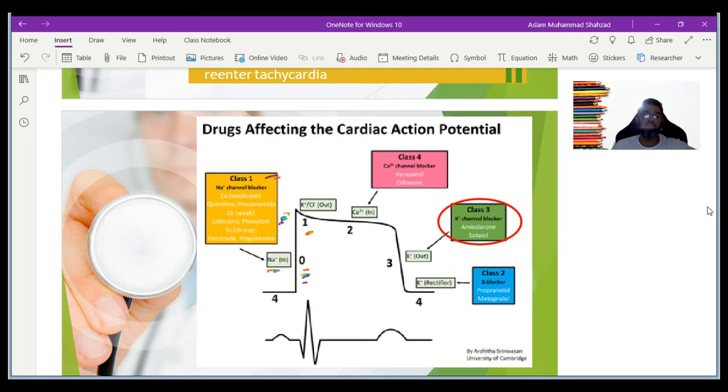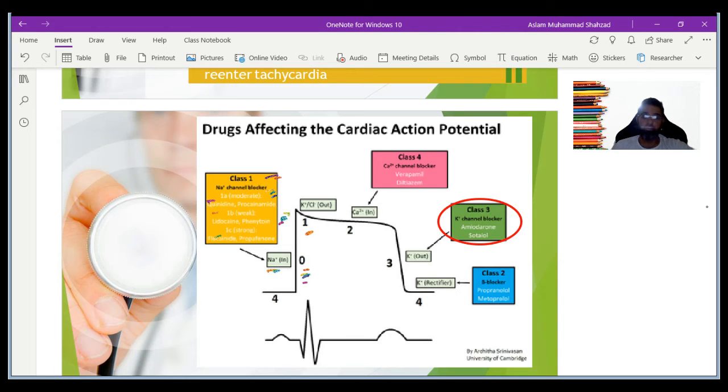What class 1 drugs are doing is blocking the sodium channels. They could be 1A, 1B or 1C, moderate, weak or strong, and they all control the sodium blockade, how much sodium we need to block. That is very important. They are all responsible for blocking sodium, but the extent to which they block varies. That's why I classify them as moderate, weak or strong.